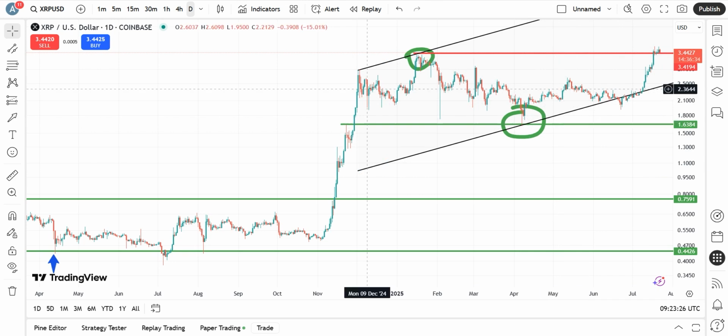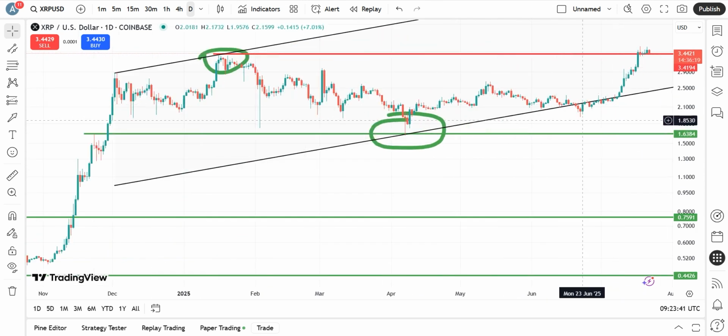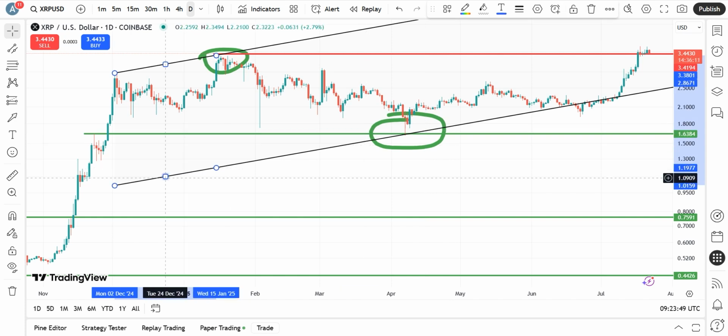Even though we have two highs touching the top line twice, and two lows, you can see it's not been broken right there. It is still been reacting to this line. But anyway, I don't feel that it is valid.